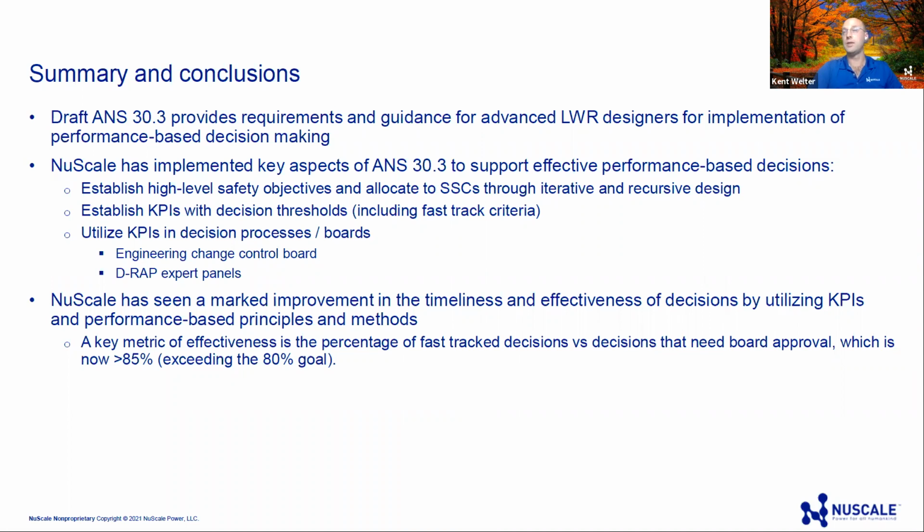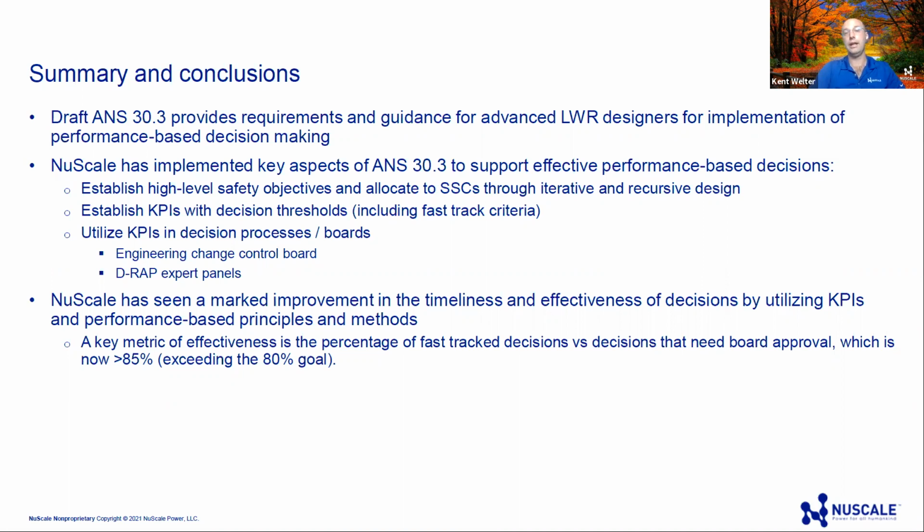Through our design process, systems engineering process, we establish high-level safety objectives, PTRD, allocate those to SSCs, through iterative and recursive design, through parameters and limits reports and system functional specifications and design specs. We establish key performance indicators with decision thresholds, including, very importantly, fast track criteria.